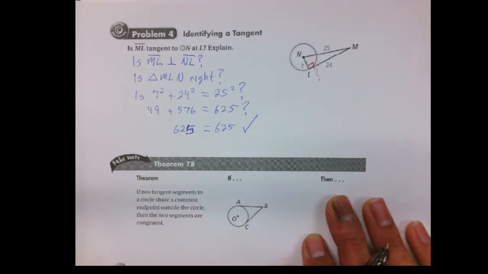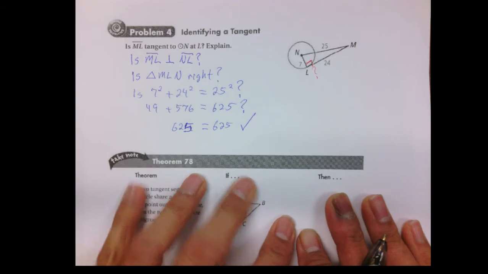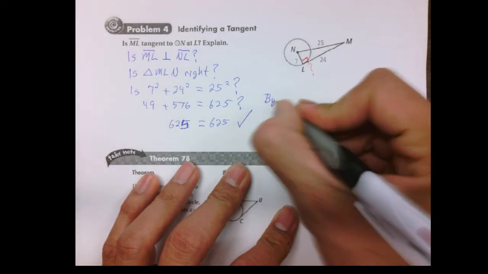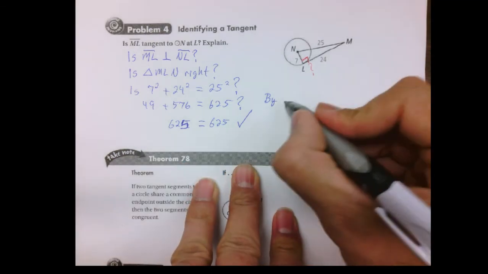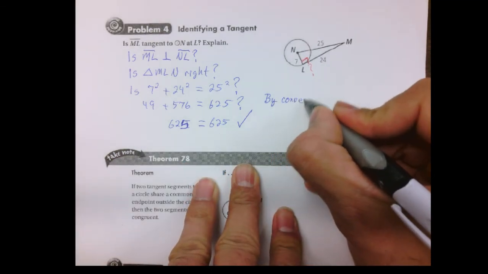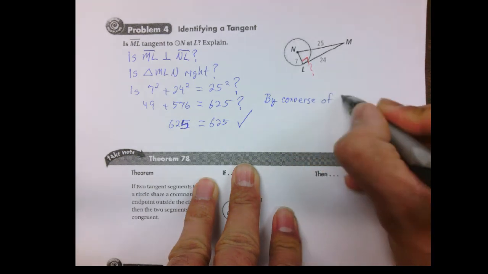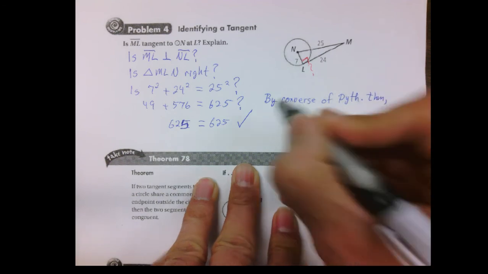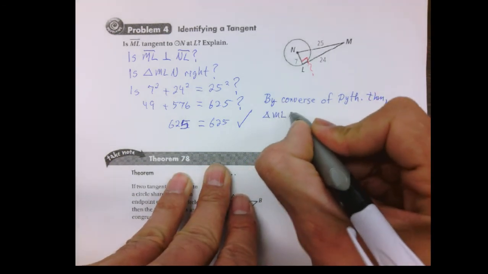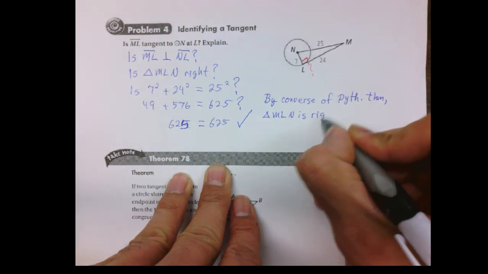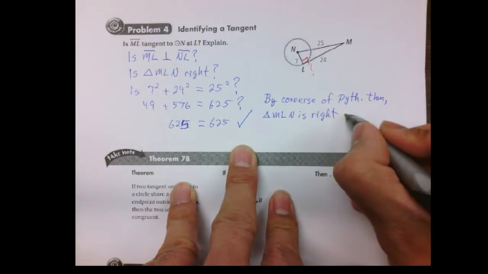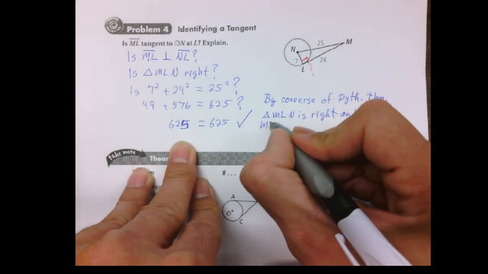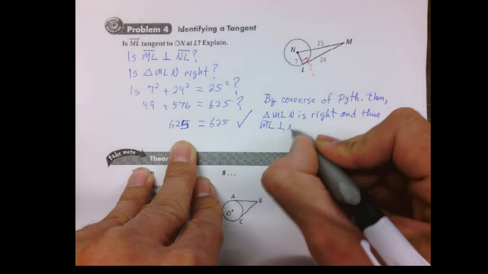They asked us to explain, so let's explain, shall we? I said Pythagorean theorem, but technically we're using the converse. By converse of Pythagorean theorem, hope you don't mind my abbreviations, triangle MLN is a right triangle, and thus ML is perpendicular to NL.